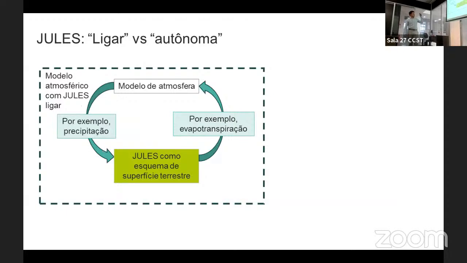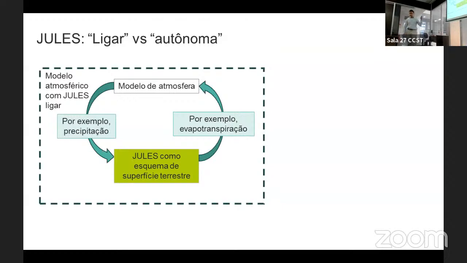There are two versions of JULES. You can run it coupled to a climate model, an Earth system model, and with our supercomputer at the Met Office it can simulate 3 years per day in an AMIP simulation, an atmosphere-only run. So it's quite slow.